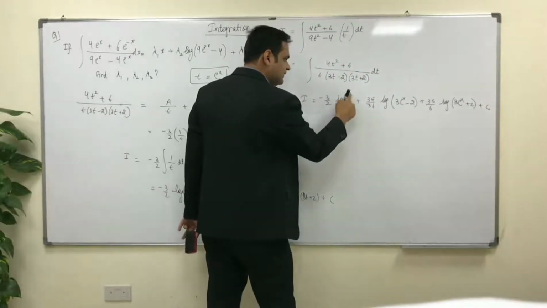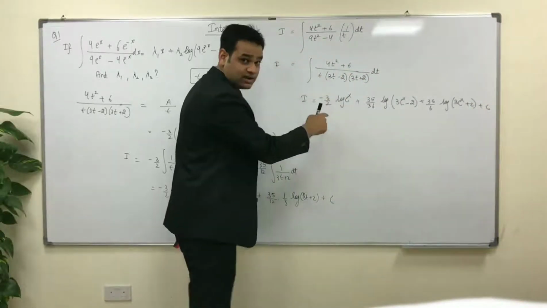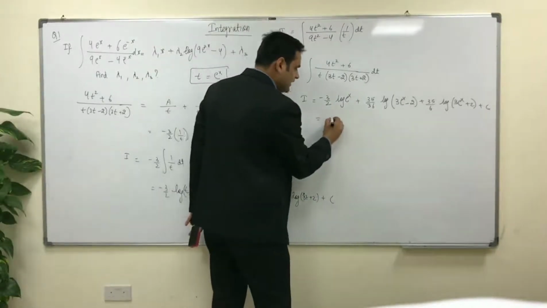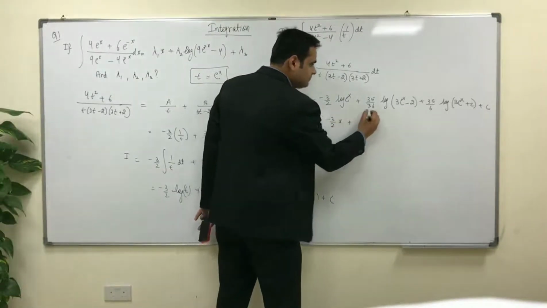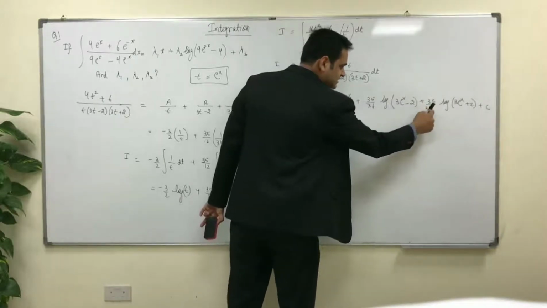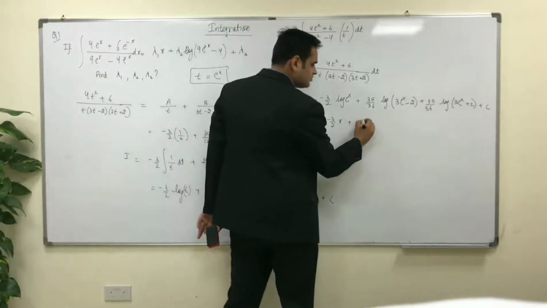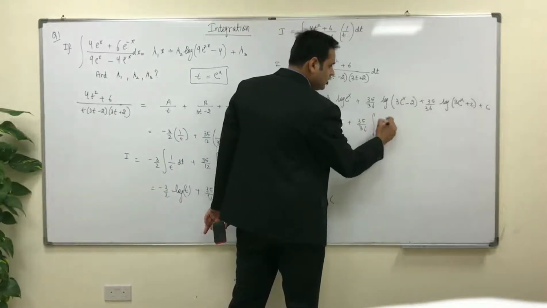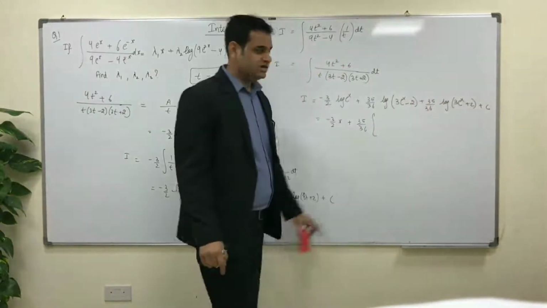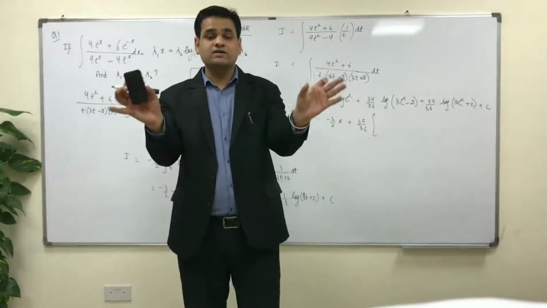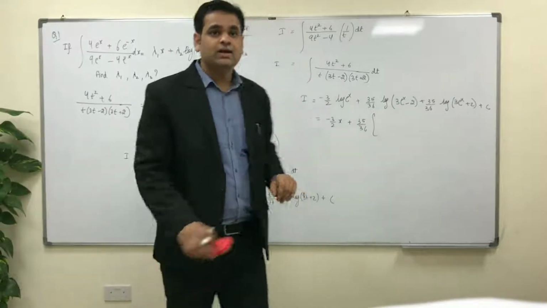Now x will come outside. Note the value of log e: log e is 1. So it will be minus 3 by 2 into x plus 35 by 36, which I can take common. If I take 35 by 36 common, what will come? Log of this plus log of this. And you know, when two logs are getting added, the numbers will get multiplied.